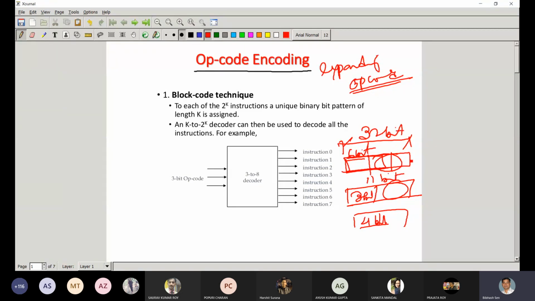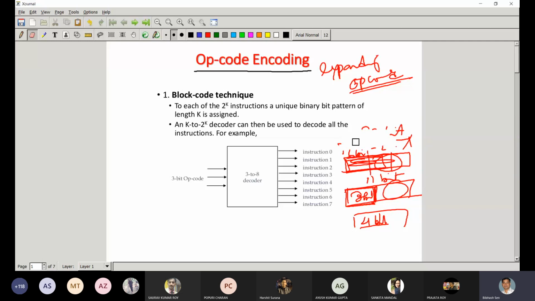Based on the addressing mode, or particularly the number of addresses, that means a 3 address instruction or 2 address instruction, we found that the number of bits required for opcode encoding changes.